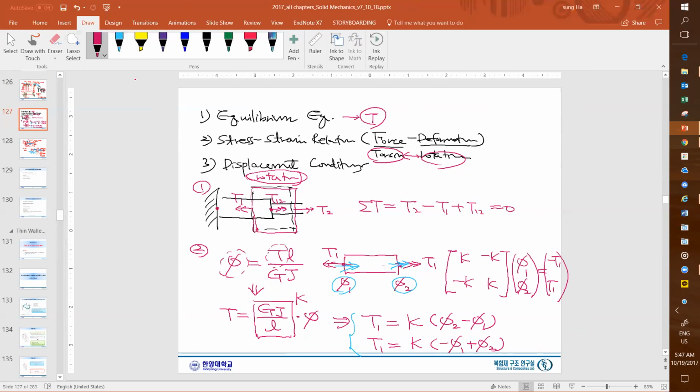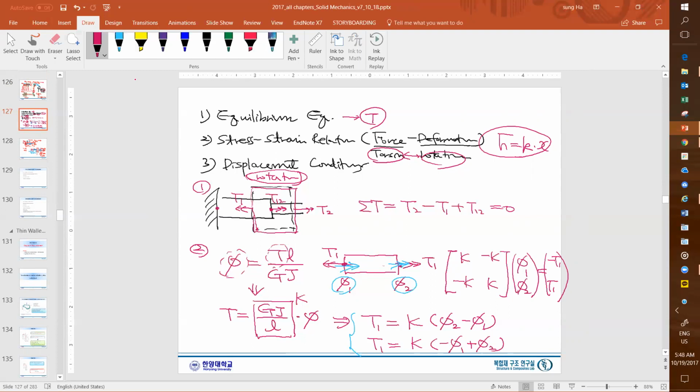So again, the stress-strain relation is usually F equal Kx for the one-dimensional case. But here each shaft has 2 degrees of freedom.